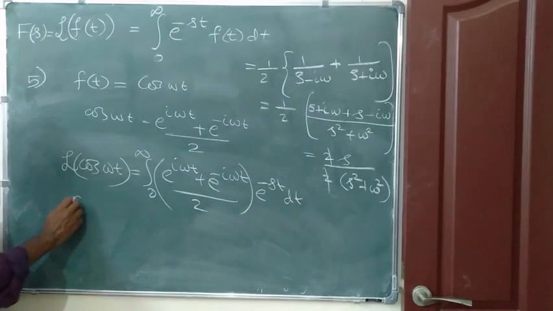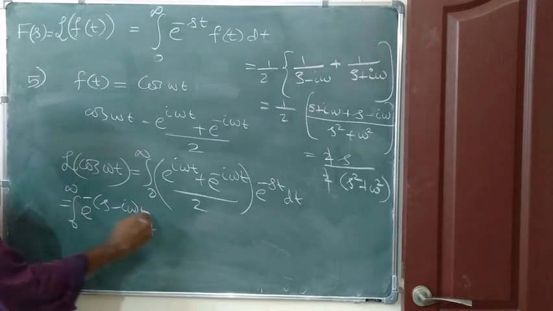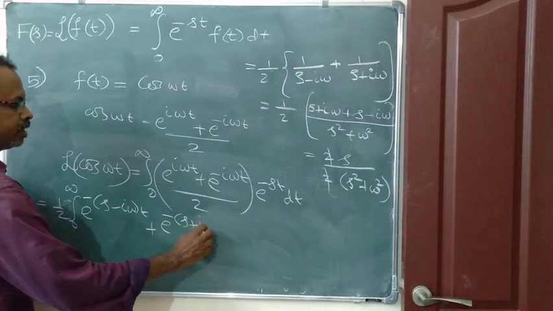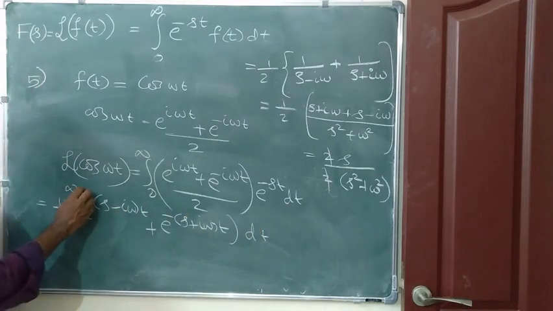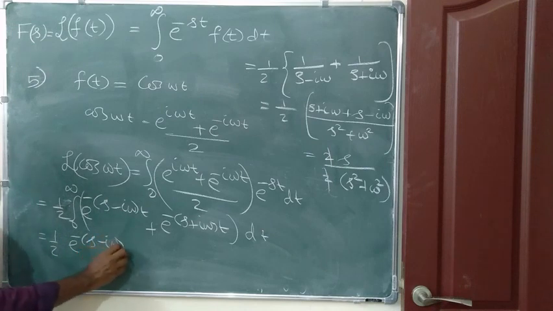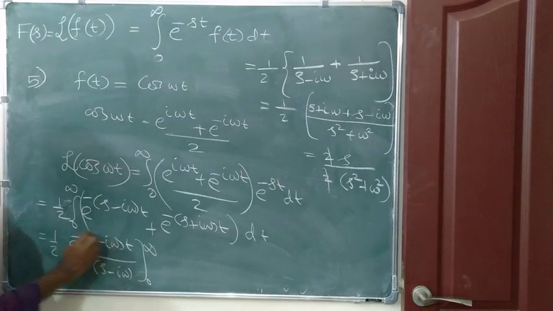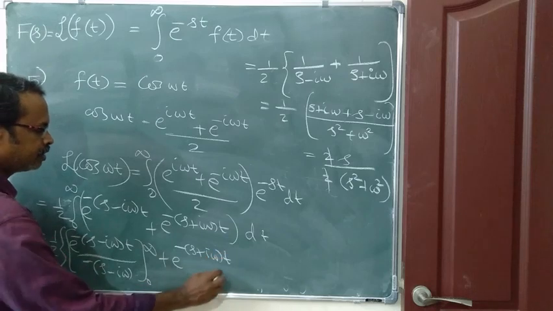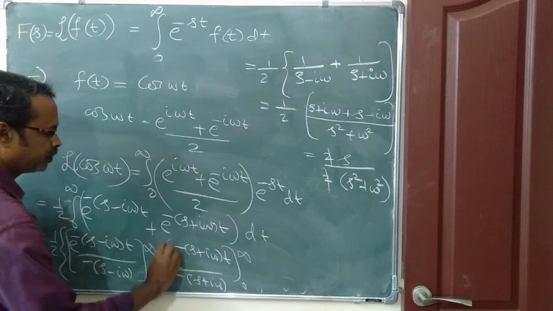So, a little bit of adjustment: 1 by 2 is here, the integral from 0 to infinity of e to the power minus (s minus i omega)t plus e to the power minus (s plus i omega)t dt, equal to 1 by 2 multiplied by e to the minus (s minus i omega)t divided by minus (s minus i omega), 0 to infinity, plus e to the minus (s plus i omega)t divided by minus (s plus i omega) over the range 0 to infinity.